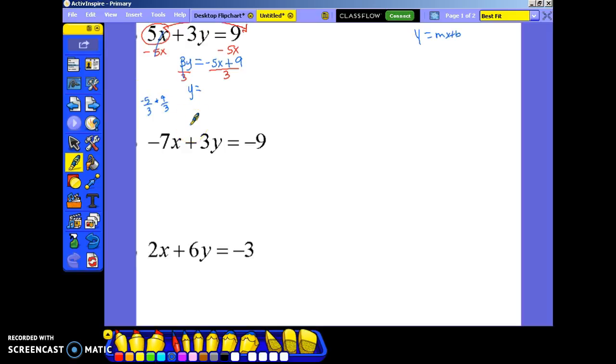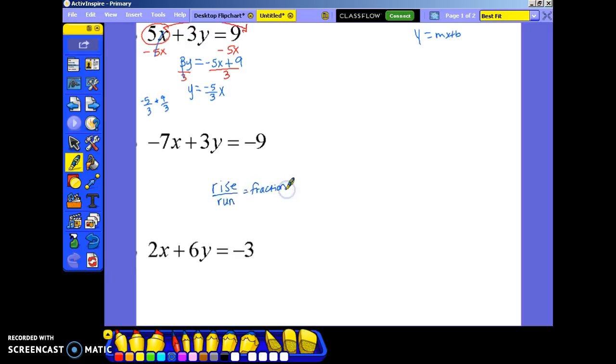If you cannot divide these numbers into a whole number, then you will leave it as negative 5 divided by 3, because that is going to be a fraction. We want to leave it in fraction form because this represents our slope, because it's the coefficient of x, and slope is rise over run, which is a fraction.